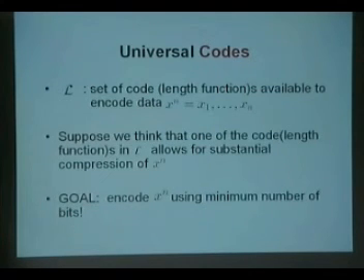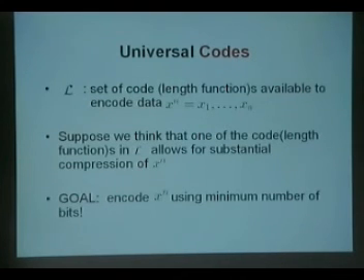Now, I get real data, particular data, and what I want to achieve is that no matter what data I get, I don't encode the data using a lot more bits than the particular candidate code, curly L, which is best for that particular sequence. So for some sequences, this code might be better. For other sequences, that code might be better, in the sense of giving a shorter code length. I want to use the best code no matter what sequence I get.